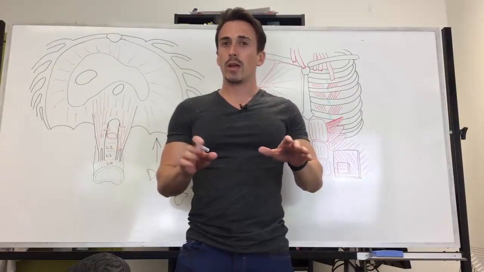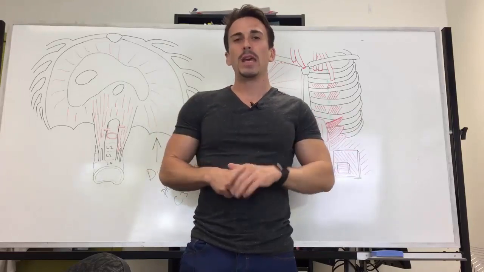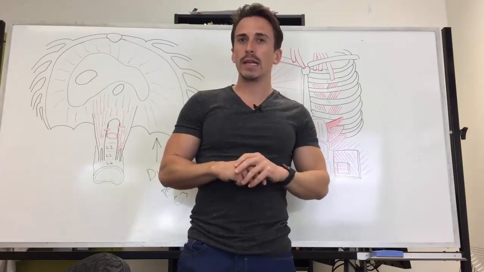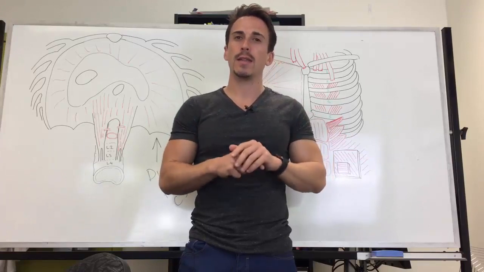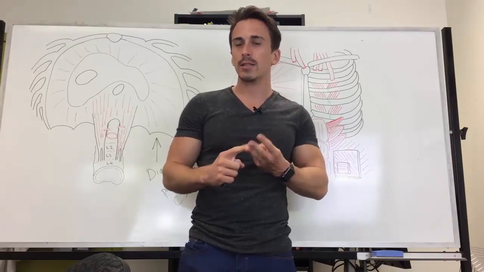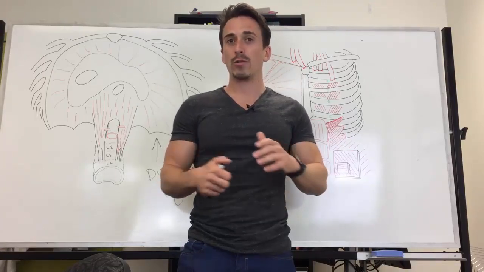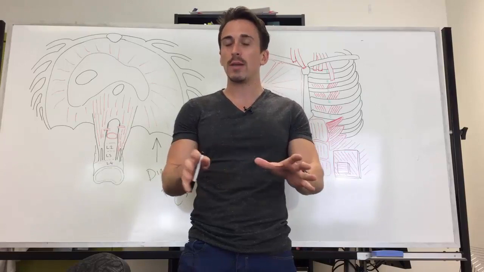Now in this video, we're going to take a quick look at the muscles involved in expiration. In the previous video, we looked at the muscles for inspiration and very quickly stated that they were the diaphragm, external intercostals, the scalenes, the serratus anterior, the sternocleidomastoid, and the pectoralis muscles, major and minor, just to name a couple.